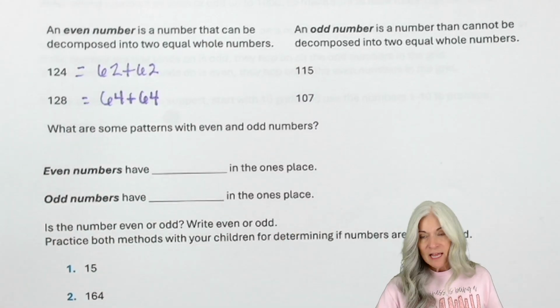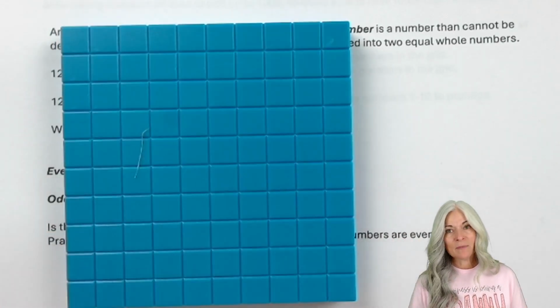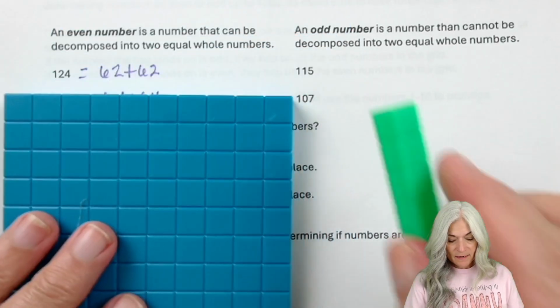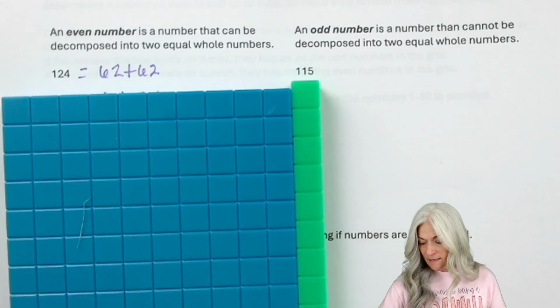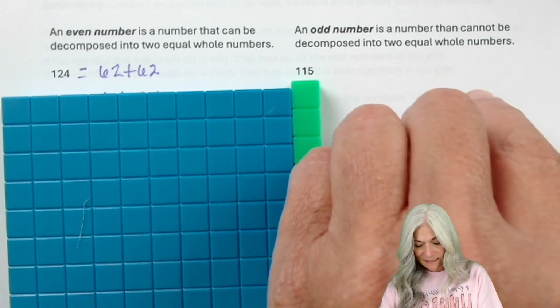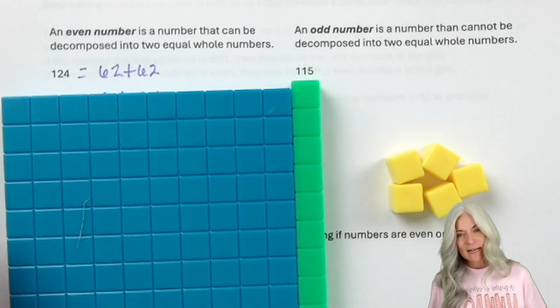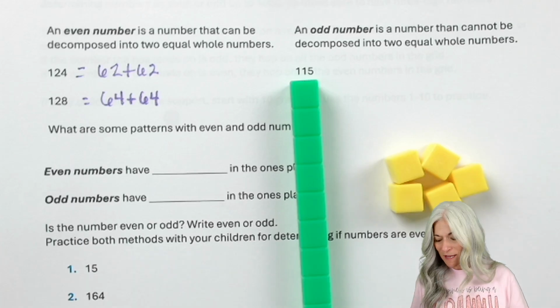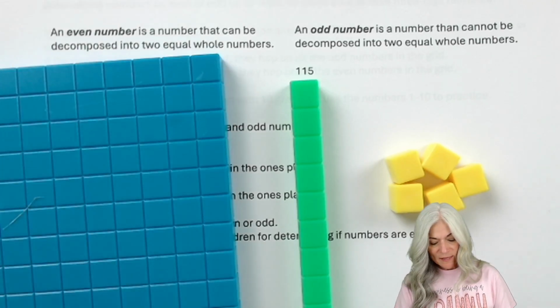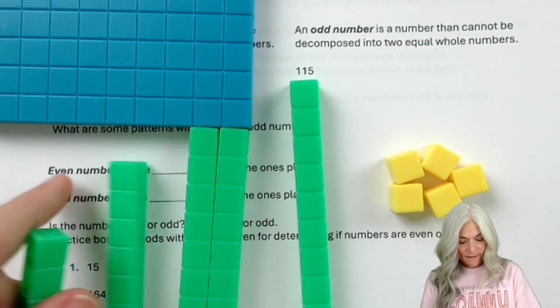Now when we're looking at 115, and again, I would practice with the base 10 blocks. We got 100, 110, and then there's 115. All right, well again, we can't break apart the 100, so I'm going to replace that with 10 tens.